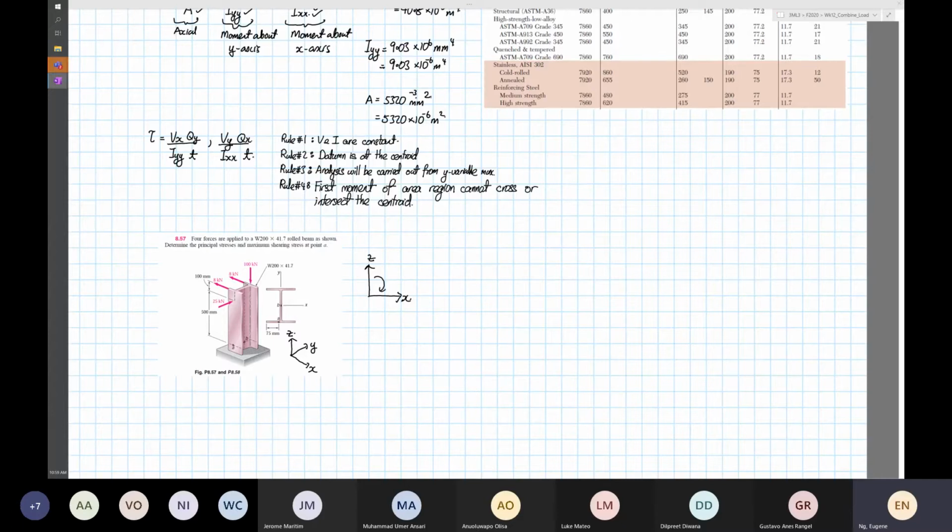Okay. So rotation about Y. Okay. So you know where we are looking at. So we're going to draw the structure now. Yeah. Like this. Okay.